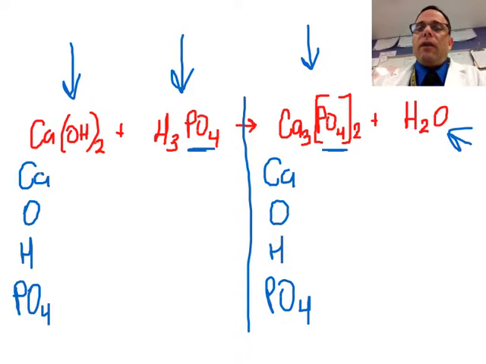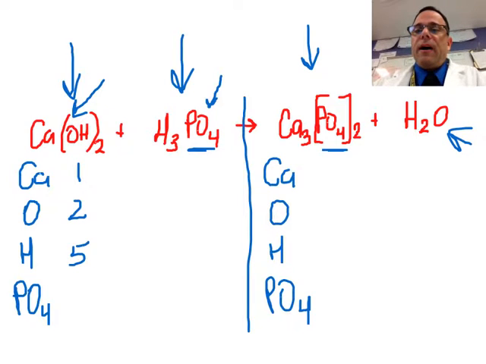Now on the left I have, on the reactant side, 1 calcium, I'm going to ignore the oxygens that are in the phosphates because they're accounted for with the PO4. So in this location here, I have 2 oxygens. How many hydrogens total? I have 2 hydrogens from here and 3 here, giving me 5. How many phosphates? 1.